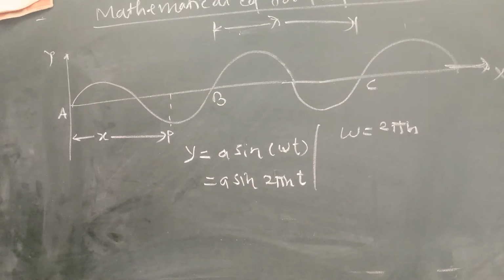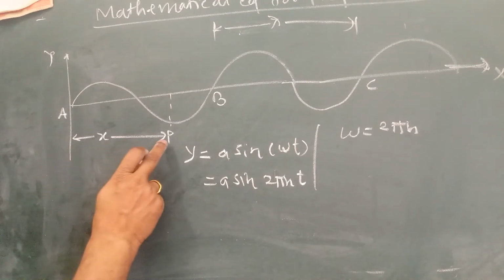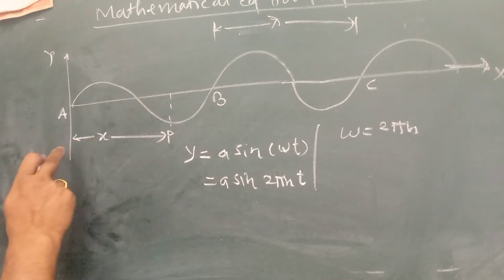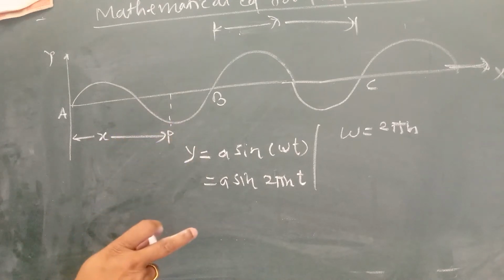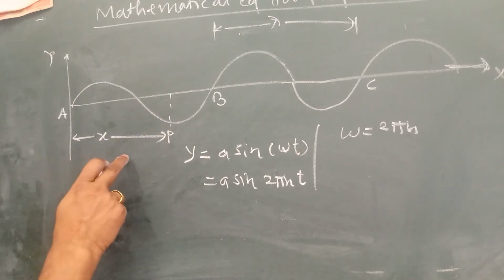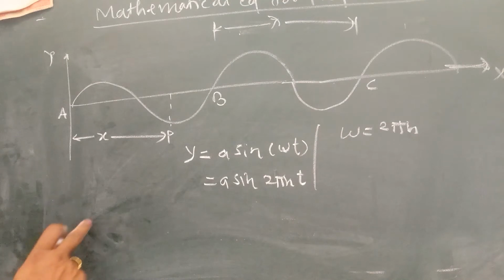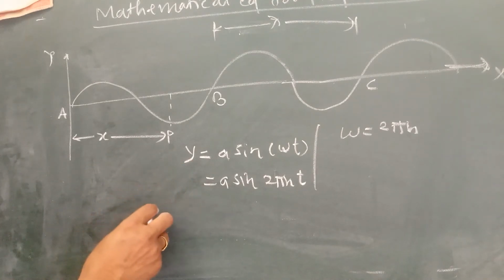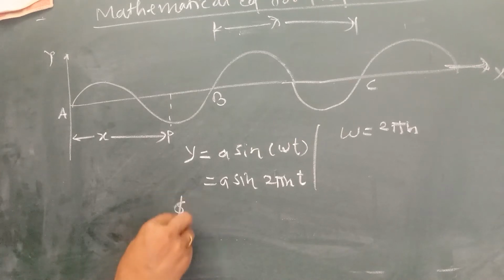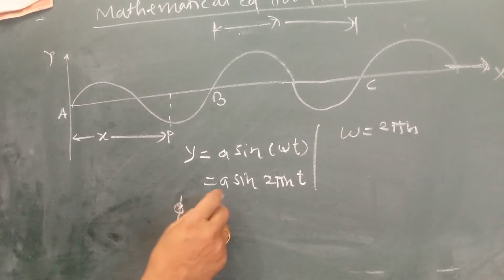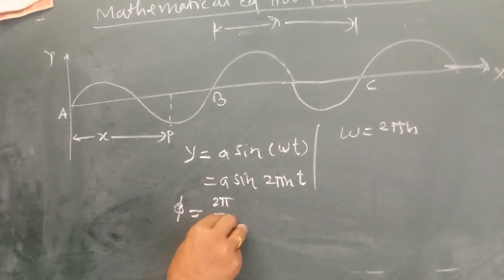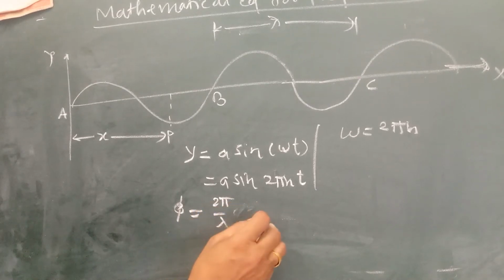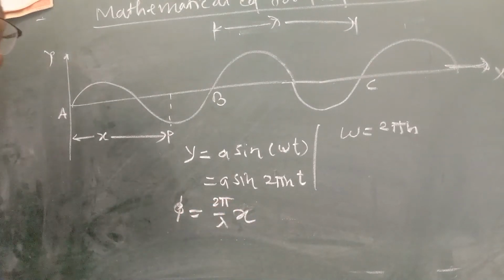While going from A to P, at a distance x from A, the phase changes, and that is given by phi equals 2 pi upon lambda into x.